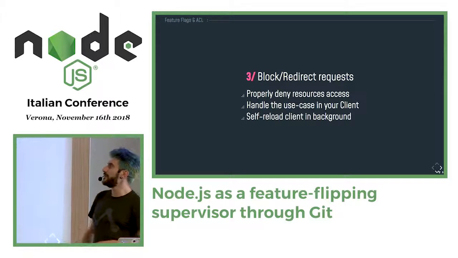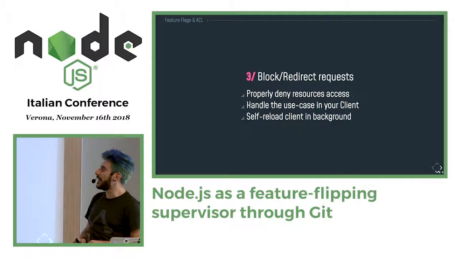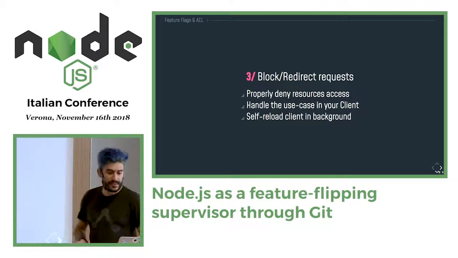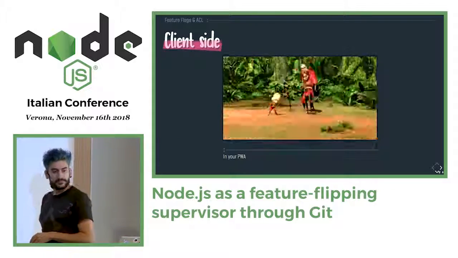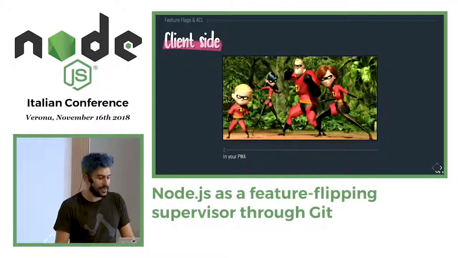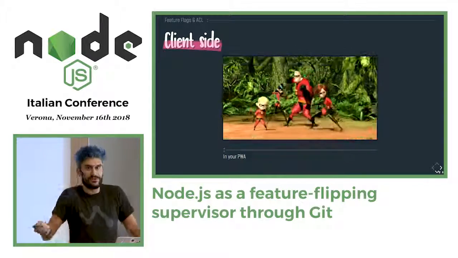So handle it properly in your client, and feel free to self-reload the client in the background. So on the client side, because we're talking about Node.js, but you are also talking about JavaScript, and clients are JavaScript stuff.